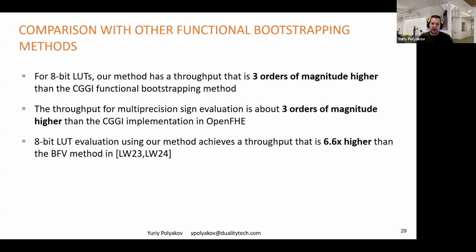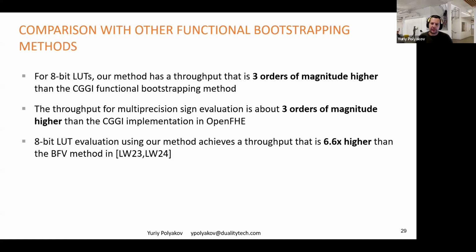We compared this approach with another amortized approach that was recently proposed in AsiaCrypt 23 and 24 that uses BFV, which is a functional bootstrapping method with, I would say, a little bit more constraints than in our case, for example for the plaintext modulus.